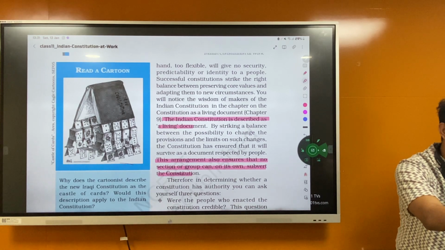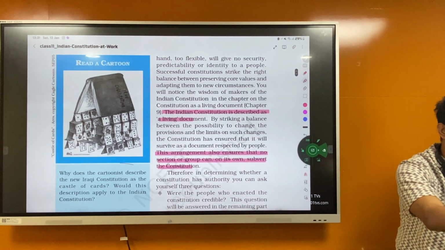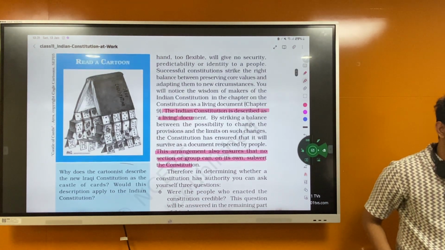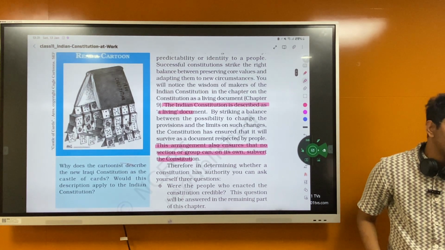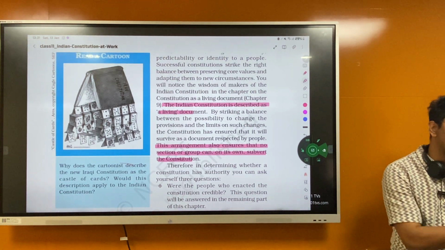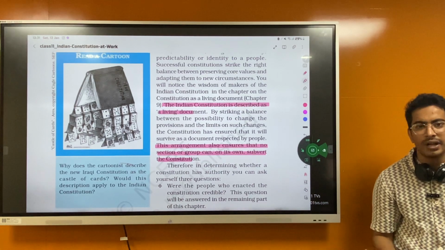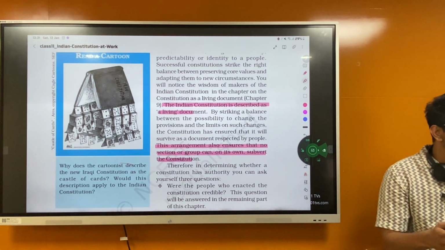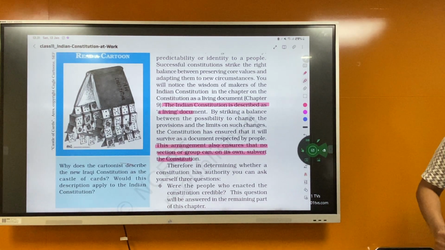You will notice the wisdom of the makers of the constitution in the chapter on the constitution as a living document, chapter 9. The Indian constitution is described as a living document. Questions like why the Indian constitution is called a living document have been asked multiple times in mains. It's an easy one now.